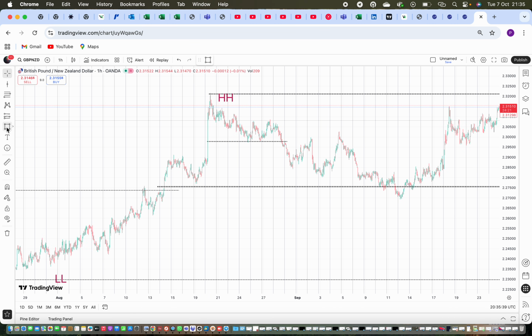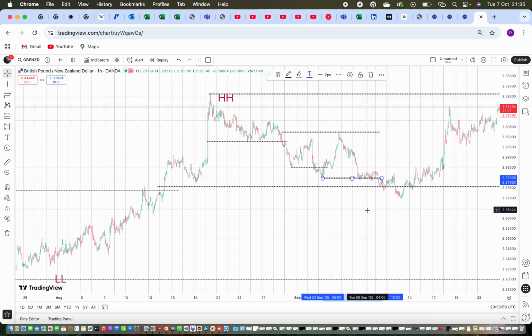And we created a low. We saw price trade back to this level, and price created a new low by breaking this structure. All these whole lows, we can even extend it to this level.